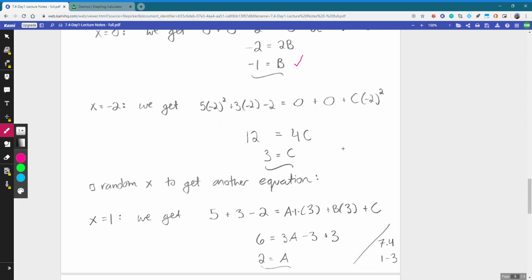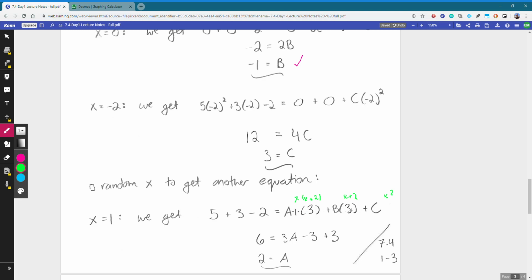I used x equals 1, and so plugging in for x squared and x, we get 5 plus 3 minus 2 on the left. And then a times 1 times, let me just record where these are coming from: this was a x, and then this was x plus 2, and this was an x plus 2 there, and then we had also c x squared. Plugging in 1 for our x's gives us this equation.